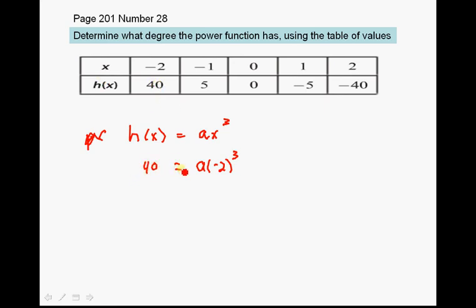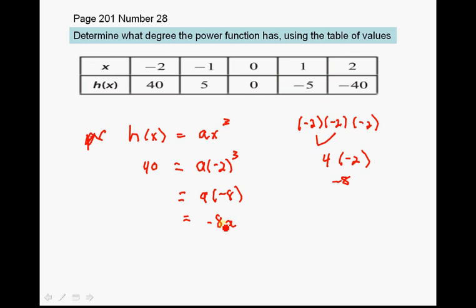There we go. So now we could say, okay, what's negative 2 cubed? Well, negative 2 cubed is negative 2 times negative 2 times negative 2, right? And negative 2 times negative 2 is 4. 4 times negative 2 is negative 8. So we know negative 2 cubed is equal to negative 8, and we can rewrite that as negative 8a. So we know that 40 is equal to negative 8a.